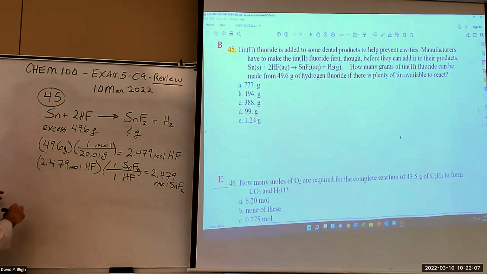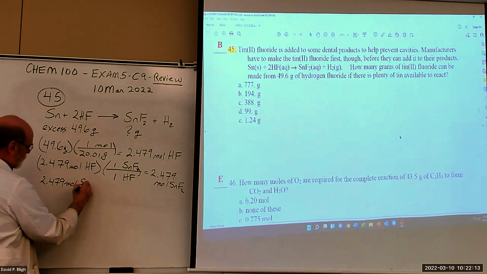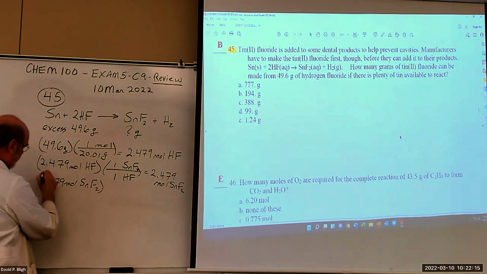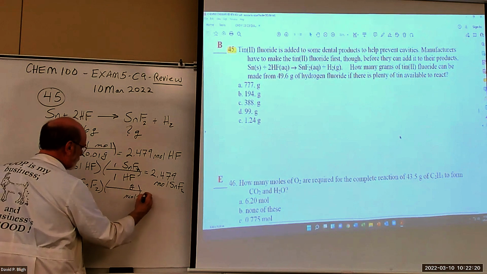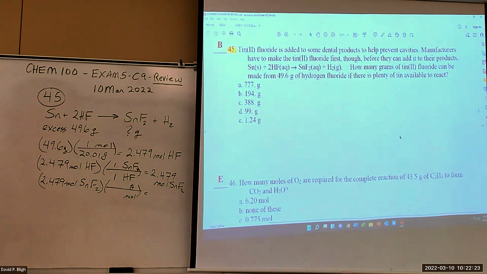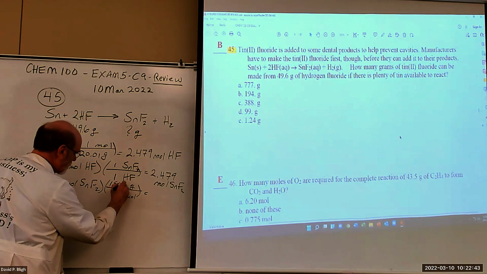Then we got to convert that to grams. Moles on the bottom, grams on the top. So we need a molar mass of tin(II) fluoride. Let's see, fluorine is 19. So that's 38 for fluorine. And then tin is 118.71. So I get 156.71.